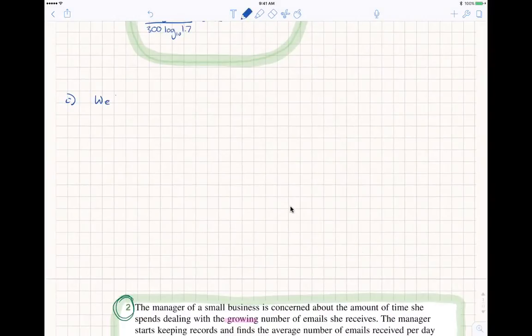We are given that the initial amount of radioactive substance is 250 kilograms. We're told that 10 years has elapsed. And we also know that our K is 0.004.